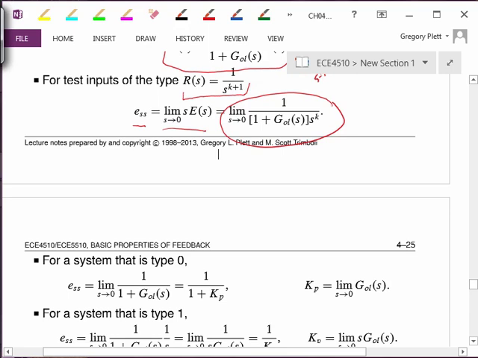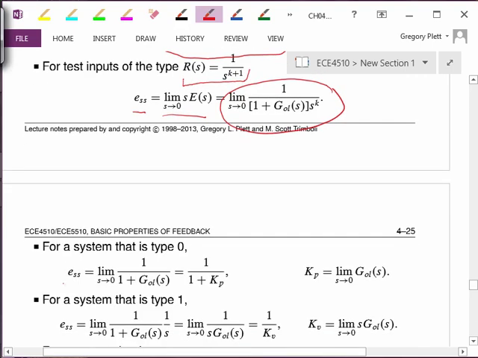If the system is type 0, then we're going to have a constant error to a unit step input. So the steady state error is the limit as s goes to 0 of 1 over 1 plus G open loop, and the s to the 0 power disappears.